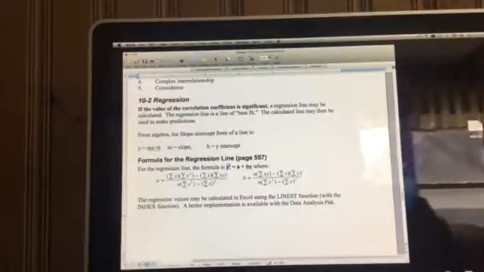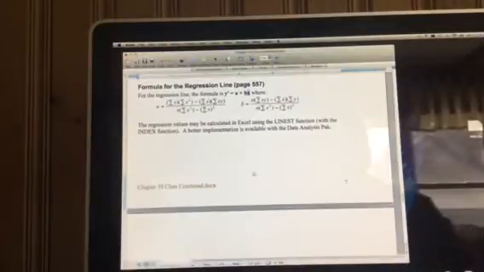To find that, we take a, which we have a formula for here, plus b, which we also have a formula for here, times x. So x in this case would be the value of the independent variable that we want to make a prediction for.